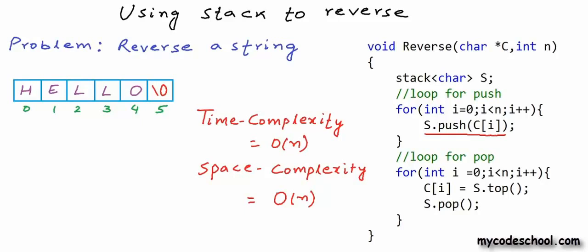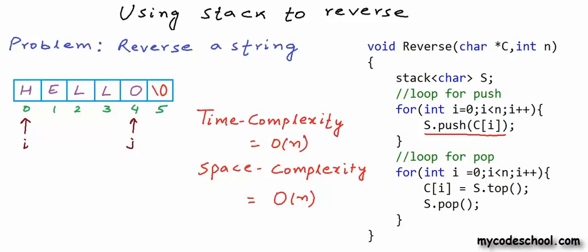There are efficient ways to reverse a string without using extra space. The most efficient way probably would be to use just two variables to mark the start and end index in the string initially. Let's say I'm using variables i and j. Initially i for this example is 0 and j is 4.